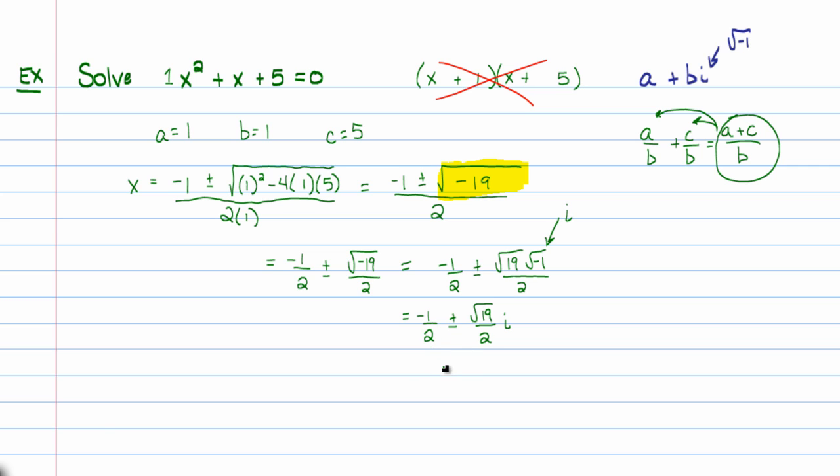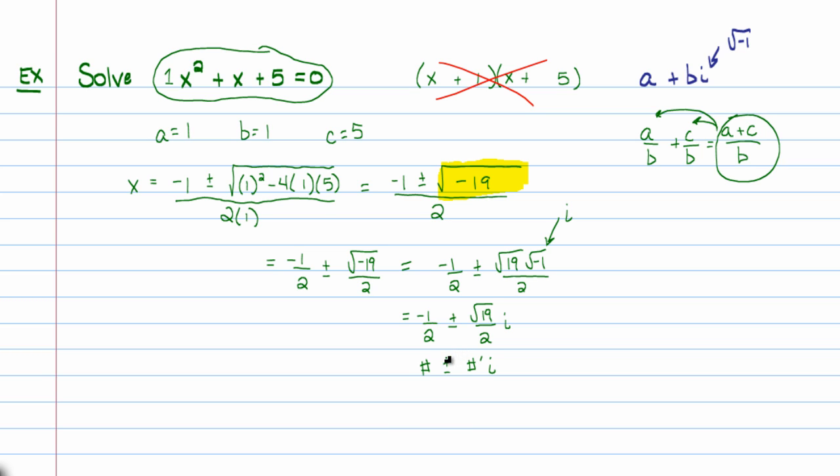What's interesting about this, if you just look at the basic form, ignore the fact that we have 1/2 and root 19 over 2, it's in the form of number plus or minus some other number times i, which is very interesting. So I have a solution to this quadratic equation, and the solutions are -1/2 plus some number times i and -1/2 minus that same number times i.